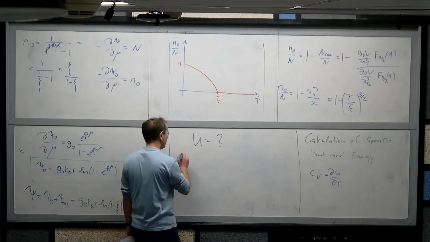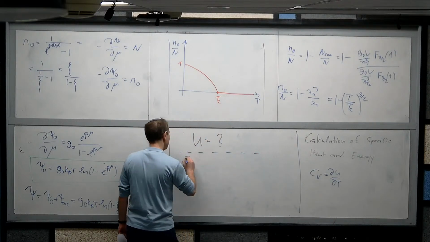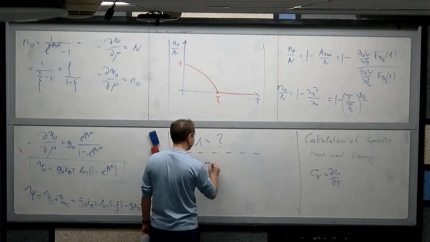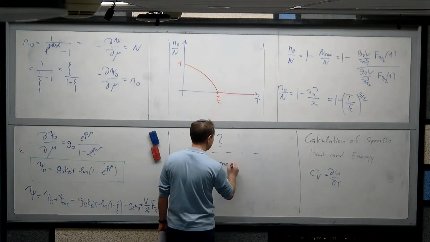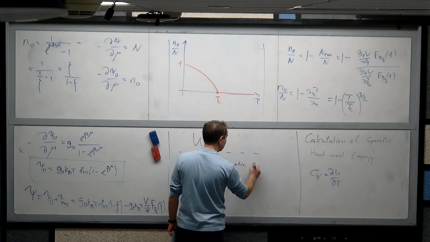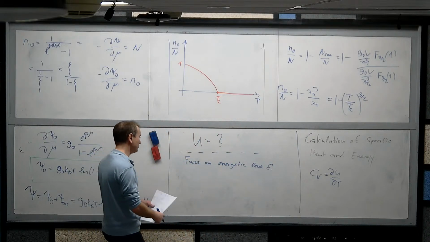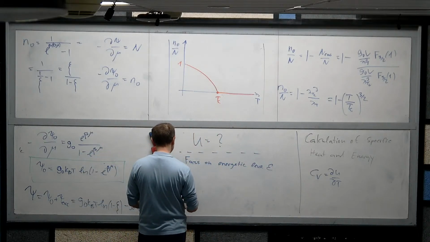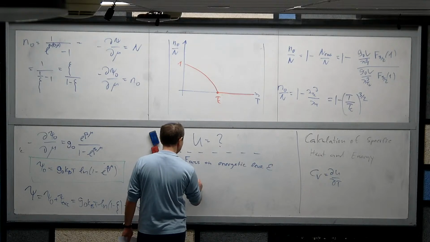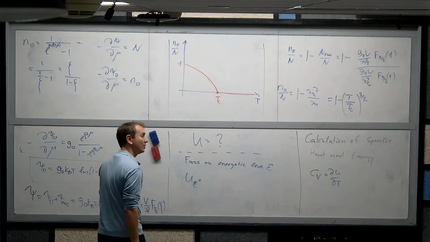So if we focus on the energetic level epsilon, what we have for that level is u of epsilon, the average energy.